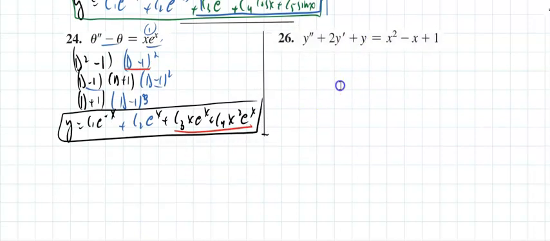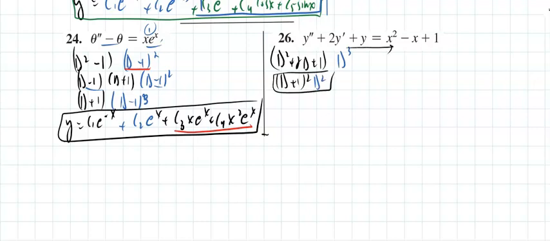And if I go for number 26, the same deal applies. This is d squared plus 2d plus 1. And this is simply d to the third. So this will be d plus 1 squared. That will annihilate the whole equation. Well, guess what?